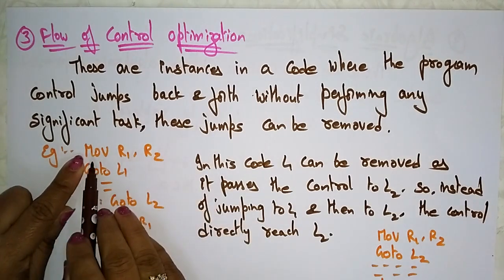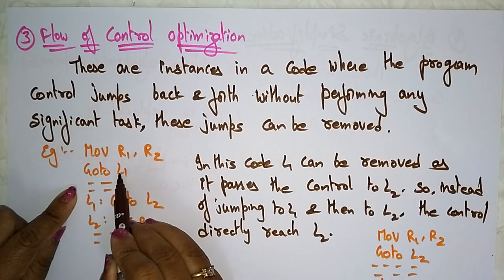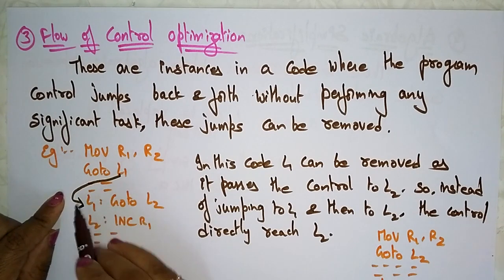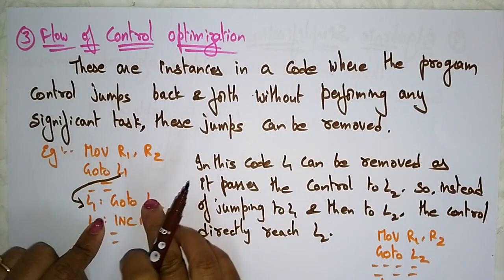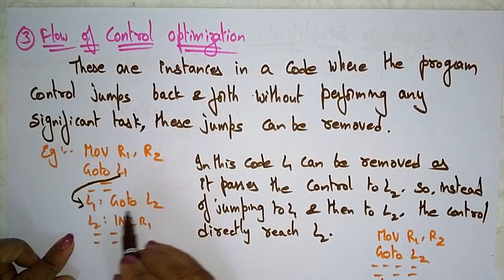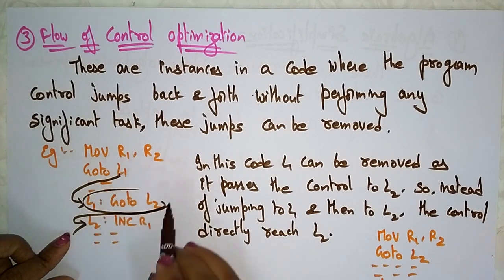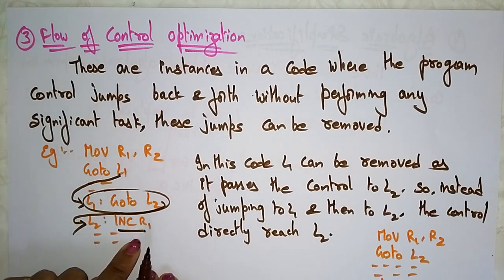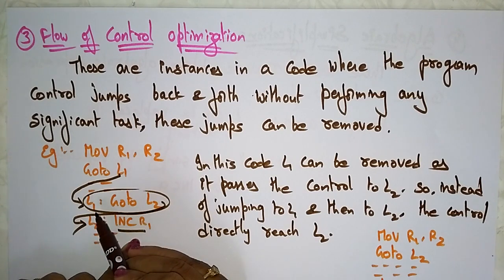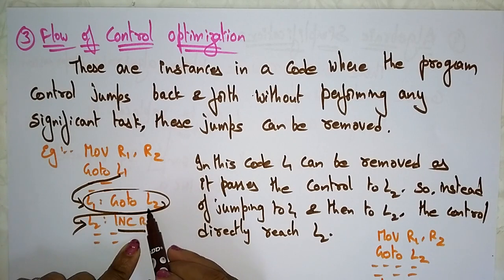See here in the program, move R1, R2, go to L1. So whenever I go to L1, the controller jumps to L1. Here, without performing any operation, L1 is saying go to L2. Here it is not performing any operation, simply it is saying go to L2, and at L2 the increment R1 operation is performed. In this code, L1 can be removed. Why can L1 be removed? Because it passes the control to L2.